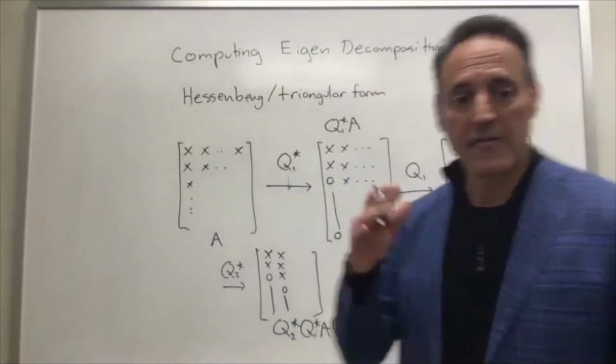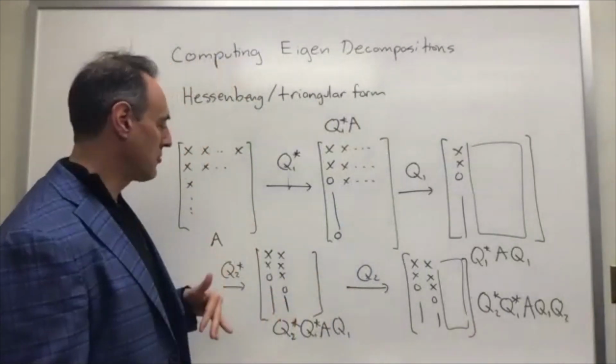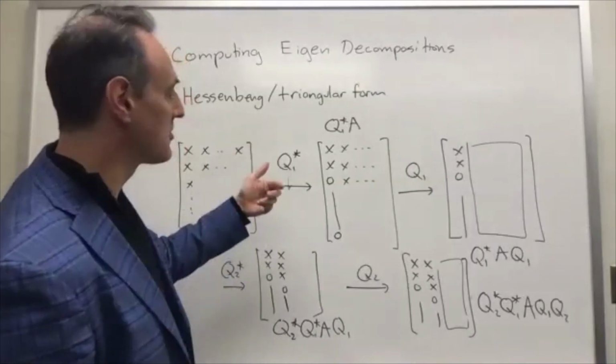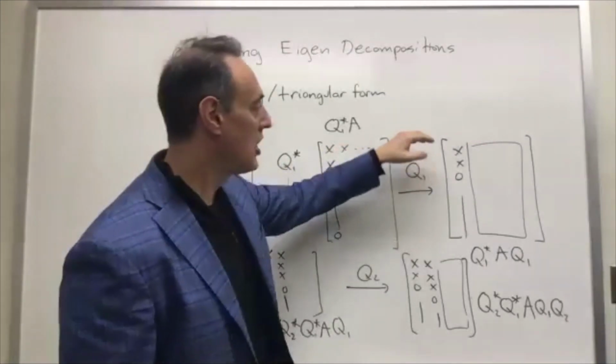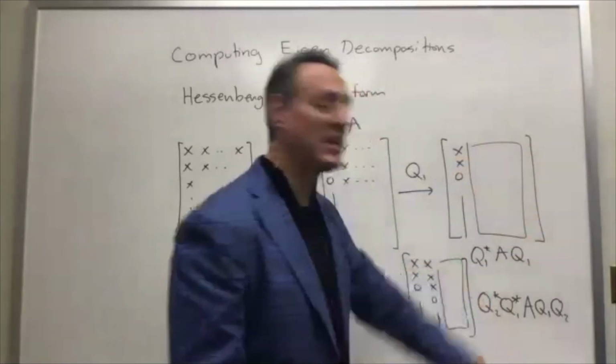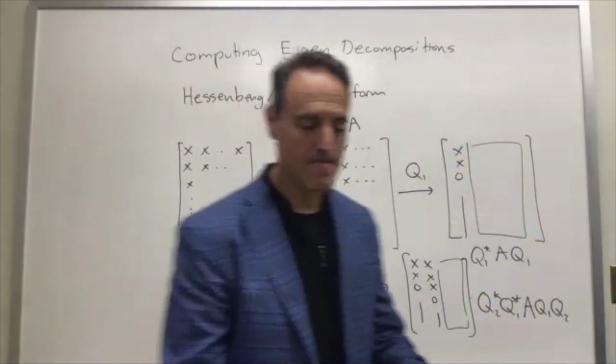By the way, if this is Hermitian, here's what's kind of interesting. If this is Hermitian, when you start to do this, because of symmetry, when you take this and this, you start now to zero out columns here, so this thing ends up with a diagonal form. Okay?